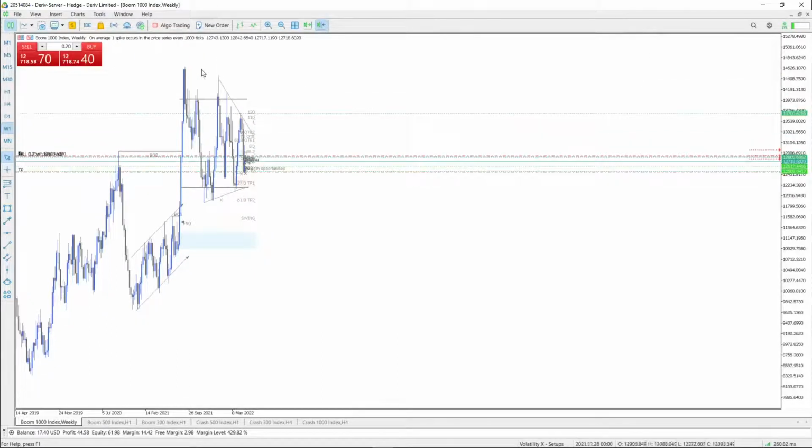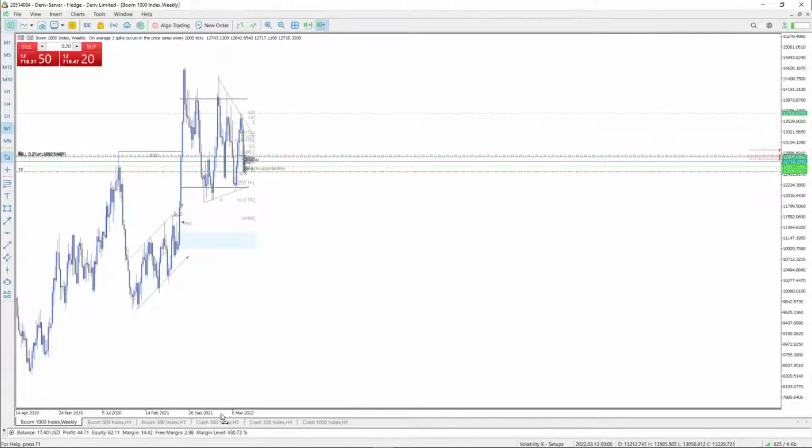And this actually means that price has put up an all-time high, and then this is the first low on the weekly time frame. This is a lower high, this is a lower low, this is a lower high. So price has actually changed its direction, and the institutional order flow right now is bearish.